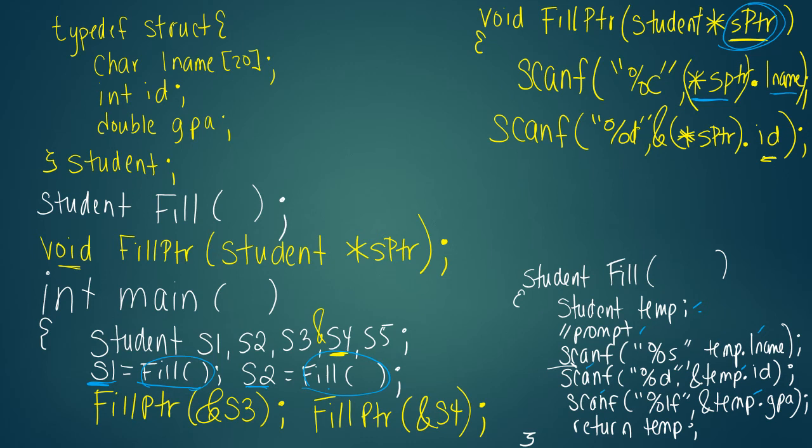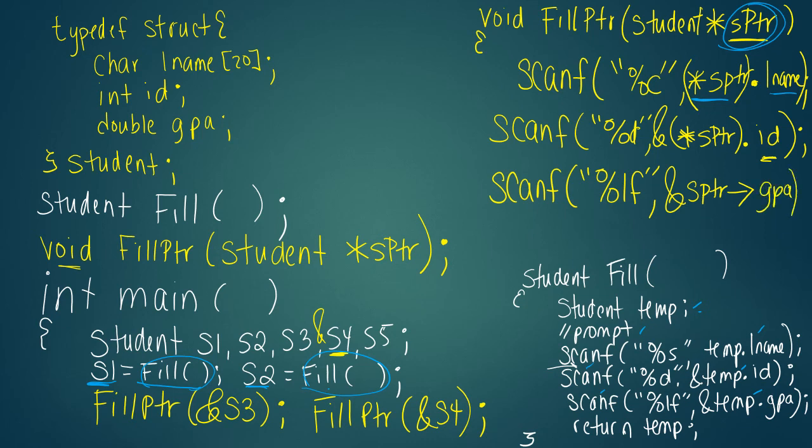So this is one way to get to the fields with a pointer to a student, or to your new data type. The other way would be scanf %lf, and yes, you need the ampersand, but instead of putting the dot operator and going to the value at, you can go SPTR with a little arrow, which is a dash and a less than, to the field GPA.